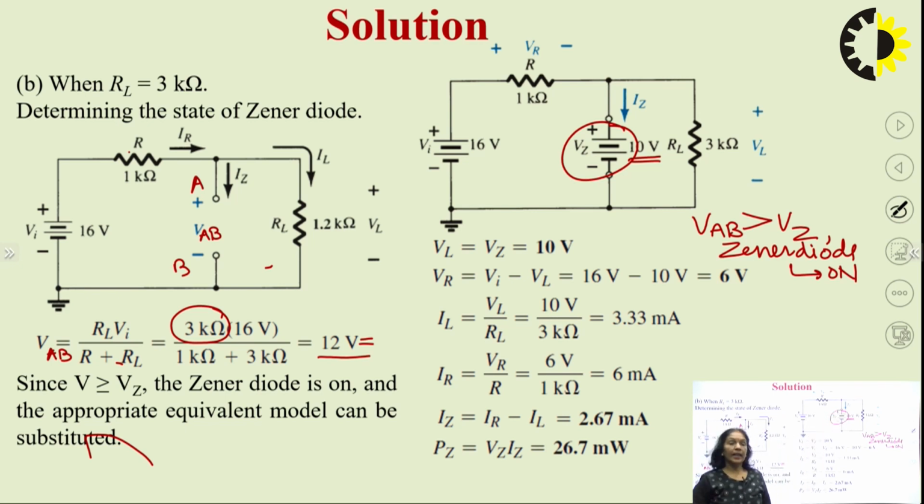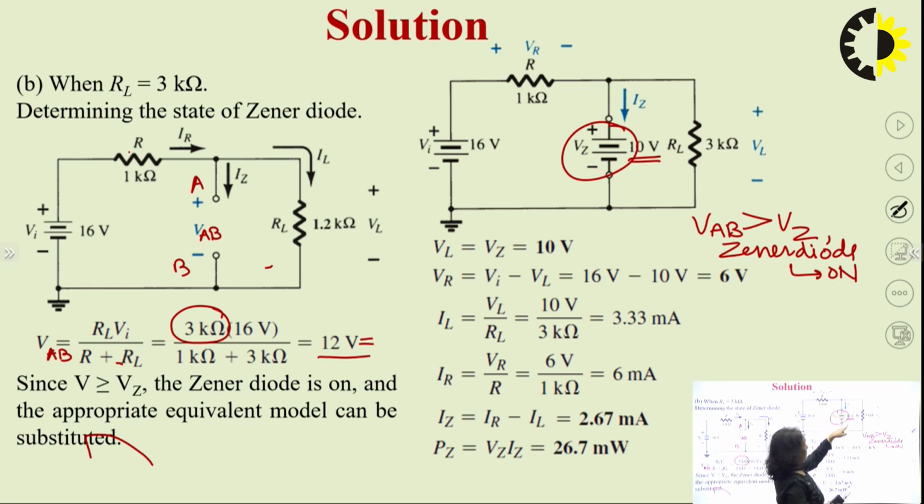Because we know that a Zener diode works as a voltage regulator in the reverse bias state. That's the reason we have taken this as the positive sign and this as the negative sign. Okay. So, once we calculate the value of VAB, because the Zener diode is in on state, the equivalent circuit will be like this.